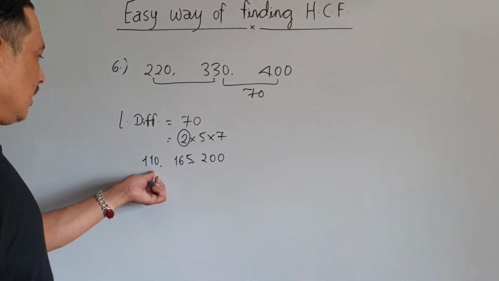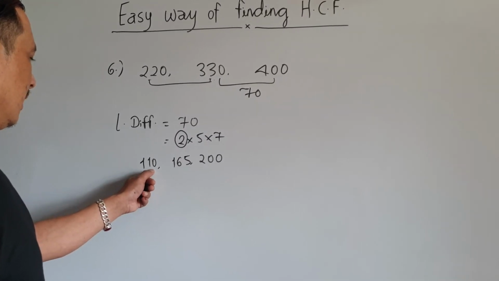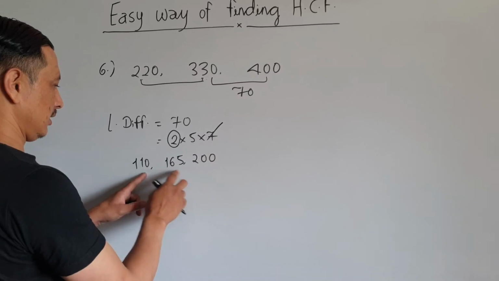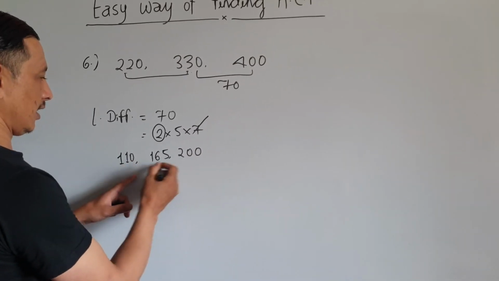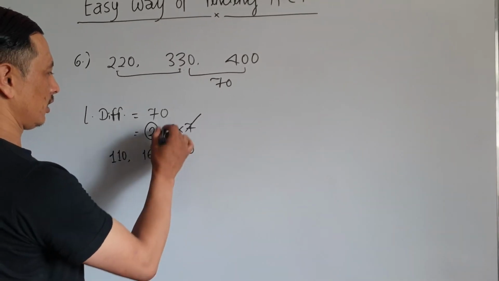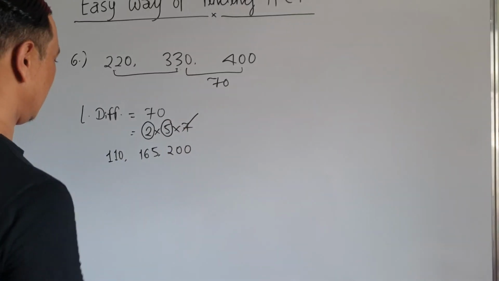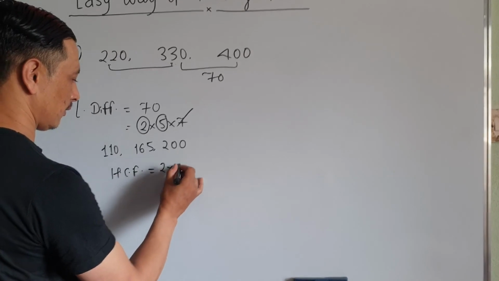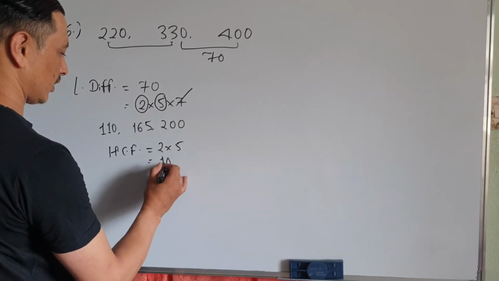As these numbers do not end in 0 or 5 consistently for 7, 7 does not divide, so we are going to cancel it. And all last digits are 0 and 5, so 5 divides each number, so 5 also we are going to take. So this way the HCF is 2 into 5, that equals 10.